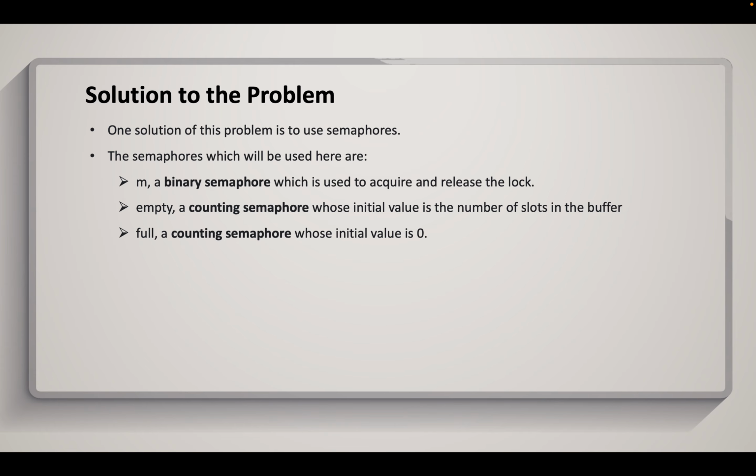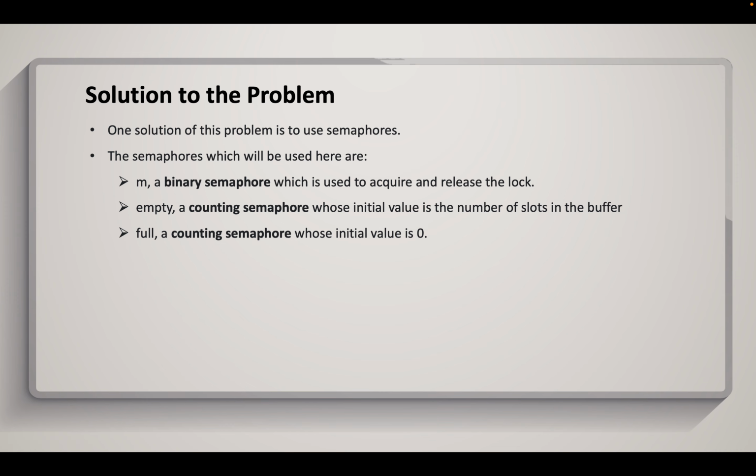The solution to the problem can be done with semaphores. There is a semaphore M. M is a binary semaphore used as a lock, to acquire and release a lock. Another semaphore, empty, is a counting semaphore whose initial value is the number of slots in the buffer.